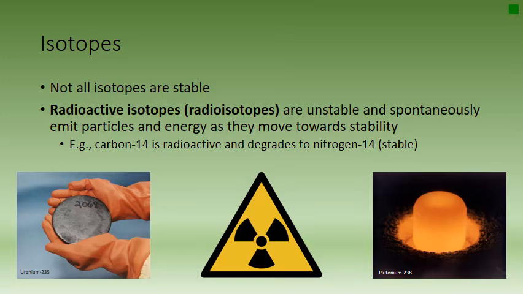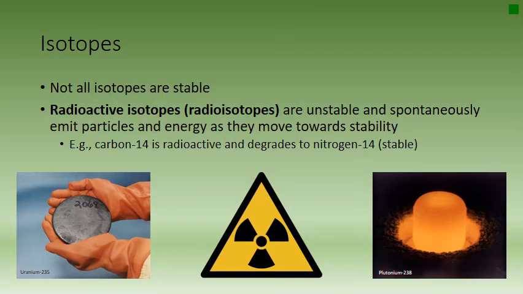The average atomic mass of carbon is a weighted average of all the naturally occurring isotopes. I keep referring to stable isotopes and not stable isotopes, and that is because not all isotopes of a given element are stable. There are radioactive isotopes or radioisotopes.